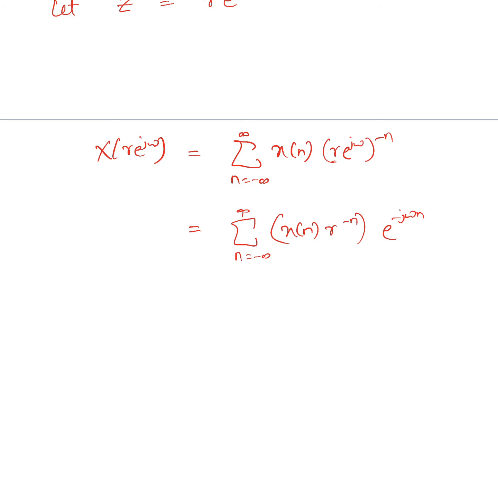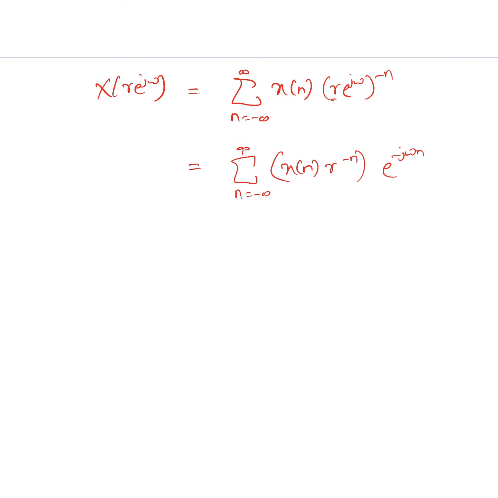So this equation shows that it can be interpreted as computing the Fourier transform of the sequence given by x of n r to the power minus n, right? Because the sequence is now changed to this one, and the remaining part is what you had seen earlier for computing the Fourier transform. And for r equal to 1, it shows that the Z transform is equivalent to your Fourier transform. So it is like computing the Fourier transform of x of n.